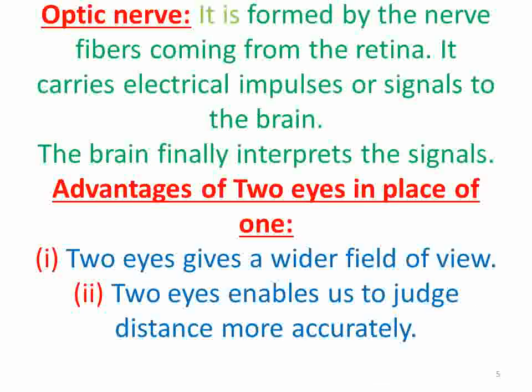The optic nerve is formed by nerve fibers coming from the retina, and it carries electrical signals to the brain. The brain finally interprets the signal, and the exact position or image sensation is done by the brain.